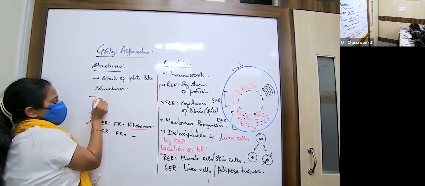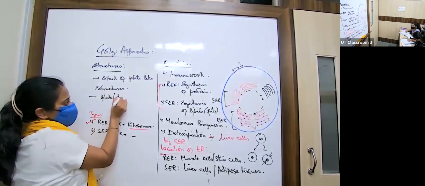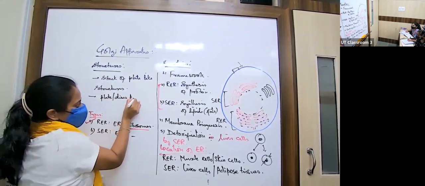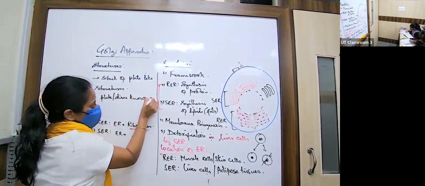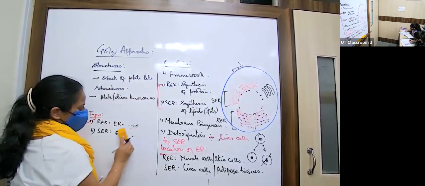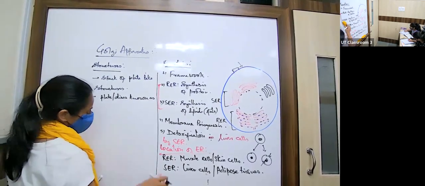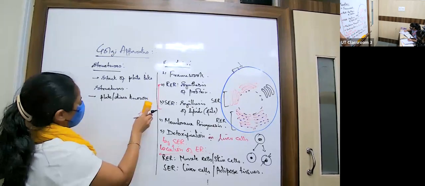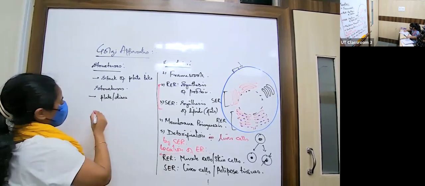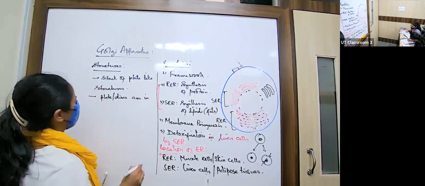And what are these plate-like structures known as? First of all, let's write down the shape.